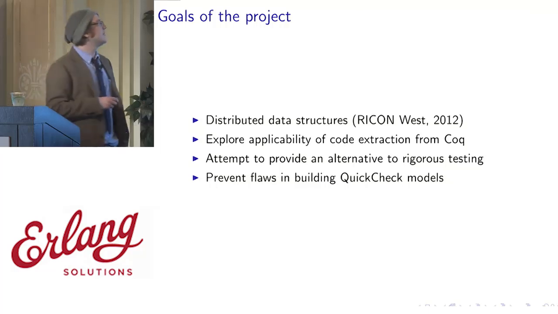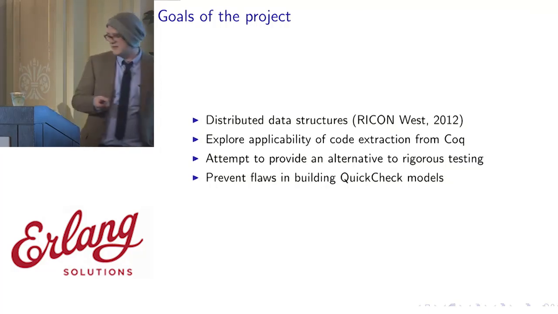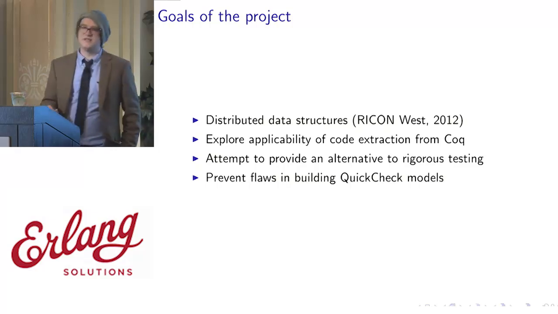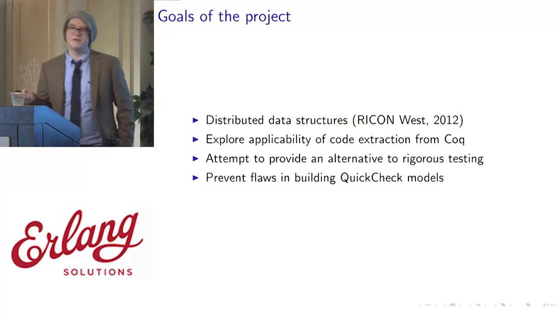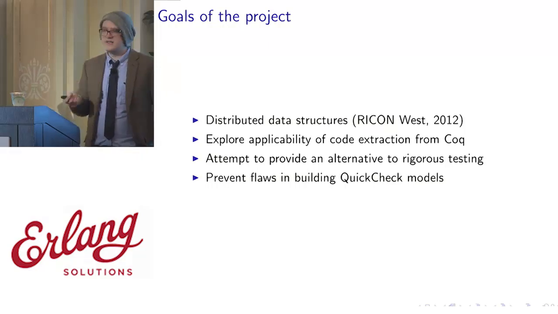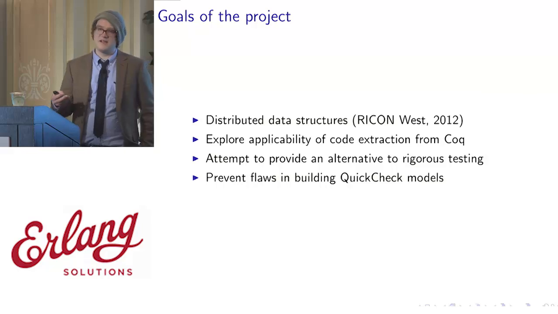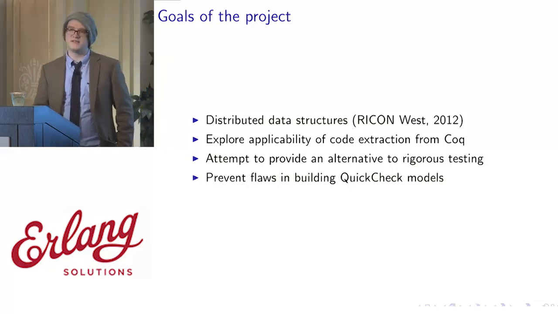So what are the goals of the project? At Recon West, I gave a talk about distributed data structures. How many people here are familiar with CRDTs? Okay, a few. CRDTs are basically a way to build data structures that build off of bounded join semilattices.